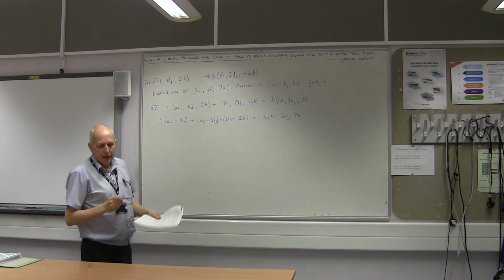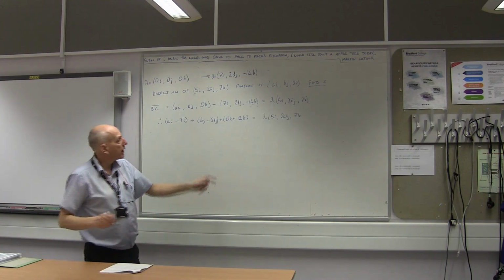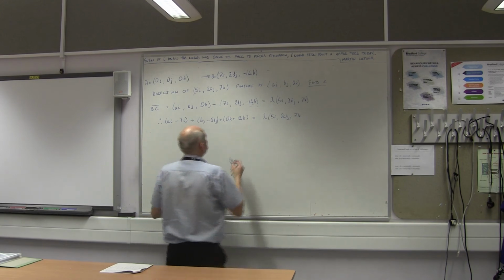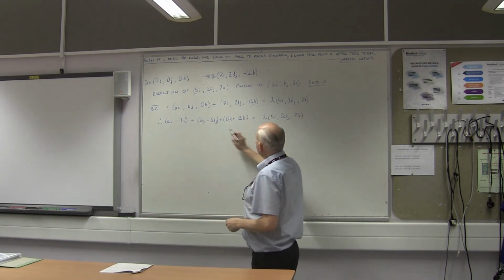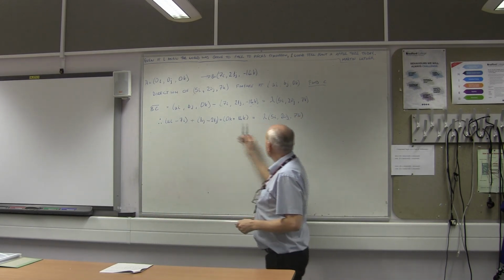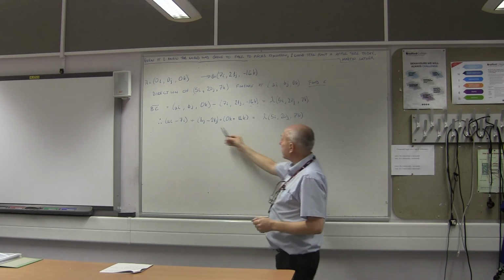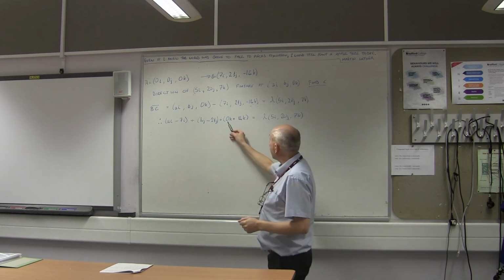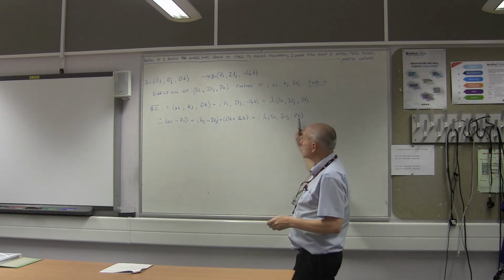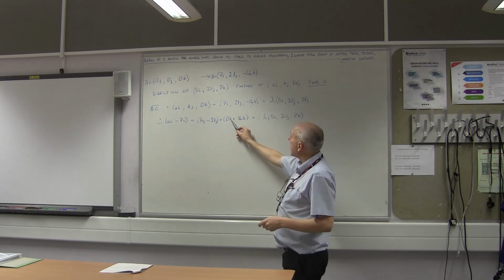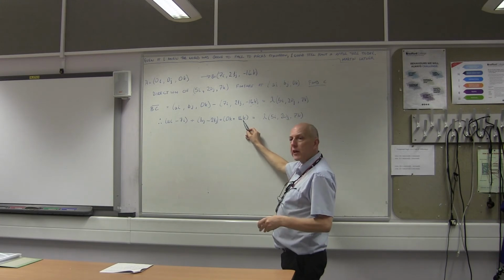So that tells me, in a roundabout way, what lambda must be, because that minus that would leave me with 5, that minus that would leave me with 20, and that minus that would leave me with 7K, but it doesn't, does it? That added together with that gives me 14K.